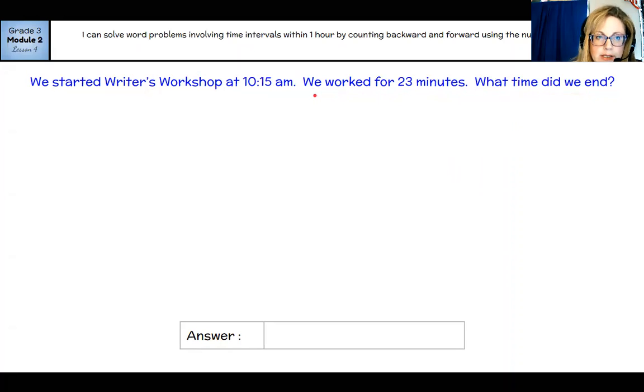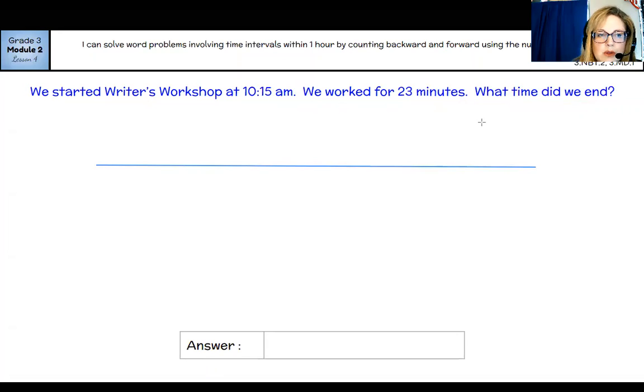I would draw a timeline, and I would start it at 10 and end it at 11 because 10:15 falls between 10 and 11. So that's exactly what I'm going to do. If you have your writing utensils with you, you can do this with me. You draw a straight line, and then I am going to put my arrows on the ends, and then I need to put my tick marks in between, right?